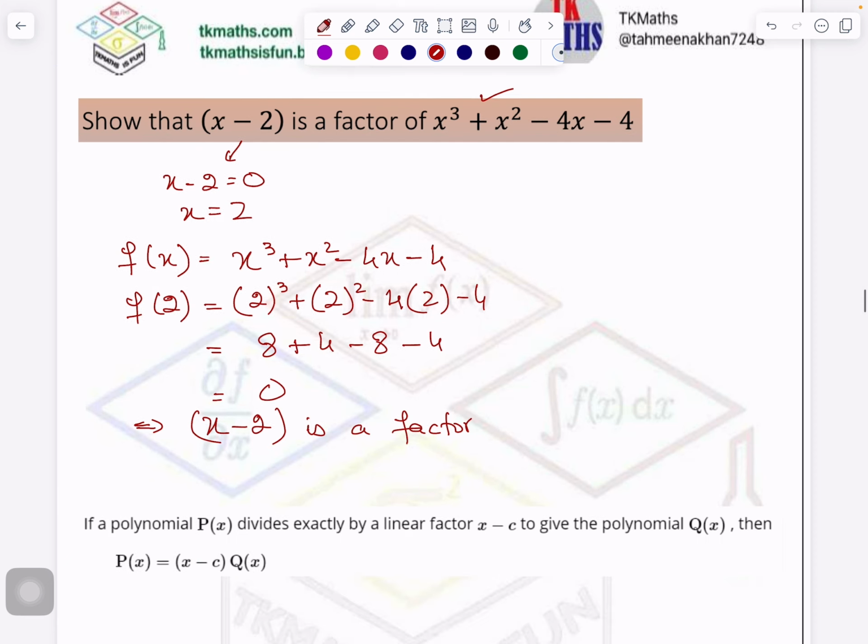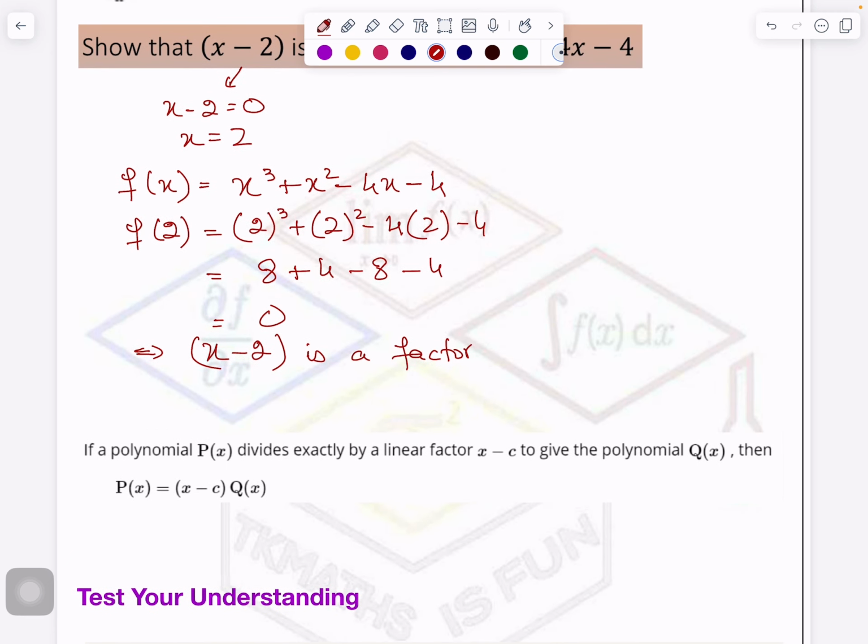Now, it is very important to understand the general form of it, because when you are reading books, you should understand how to read and what to comprehend out of it. So instead of f of x, you can use any name. You can use g of x, h of x, p of x.